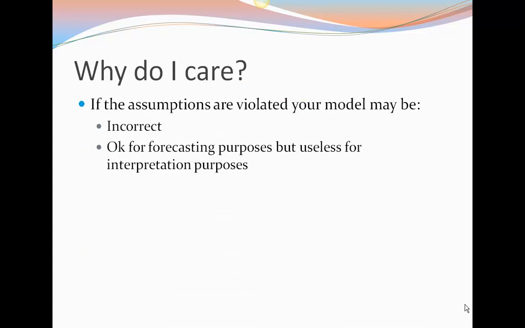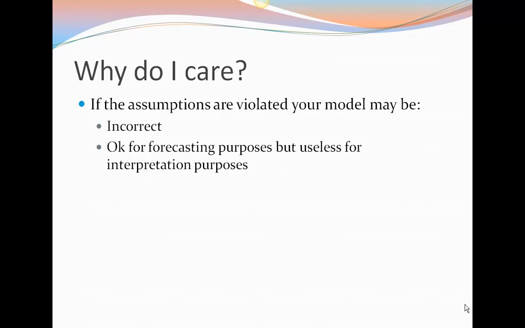Well, if the assumptions are violated, my model could be, 1, incorrect. I could have just gone, ooh, look at this fun, fancy computer that can run regressions, yay, and just plugged in stuff that made absolutely no sense, and when you plug in crap, you get crap. Or 2, it could actually be really logical and okay for forecasting purposes, but it might not really be good for interpretation purposes.